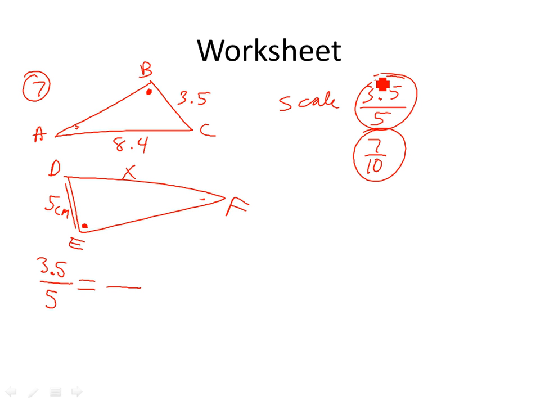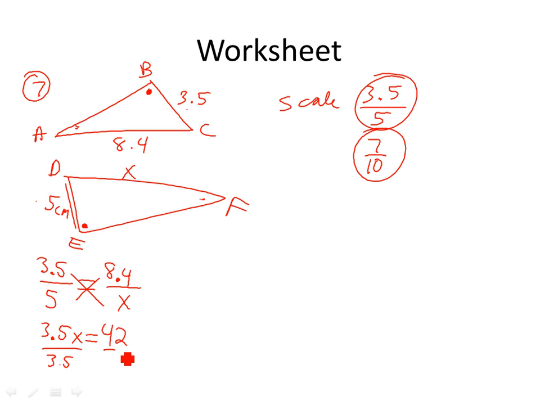What's our other ratio going to be? We went 3.5 to 5. What's the other ratio for the other? 8.4 over x. Cross multiply, what do we get? 3.5x. 42. Yeah. Then what do you do?